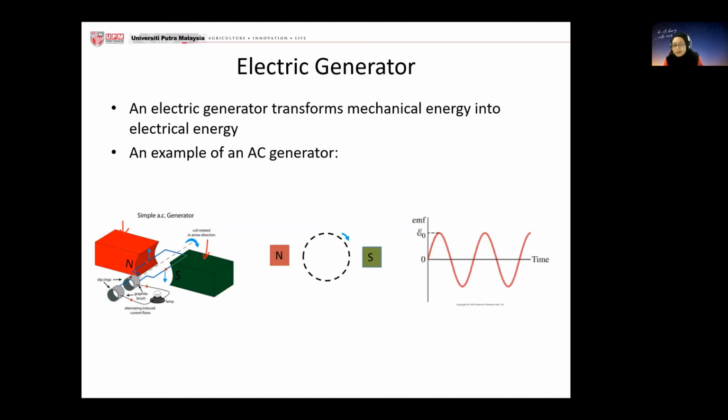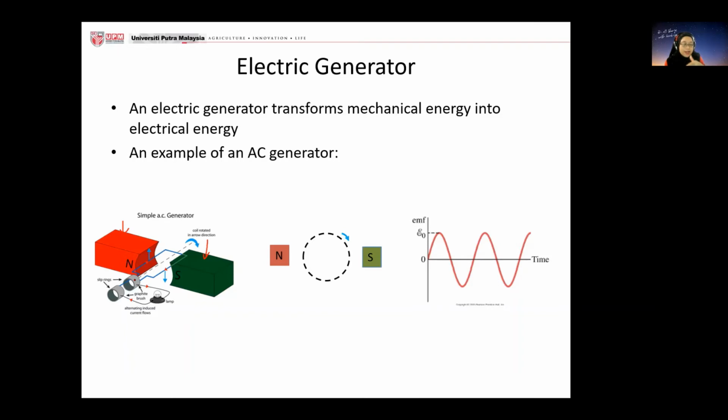That loop is connected to something which moves it. Remember why we have turbines. Hydro turbines move like that, right? Which is the same if we look at wind turbines as well. It also moves like that.